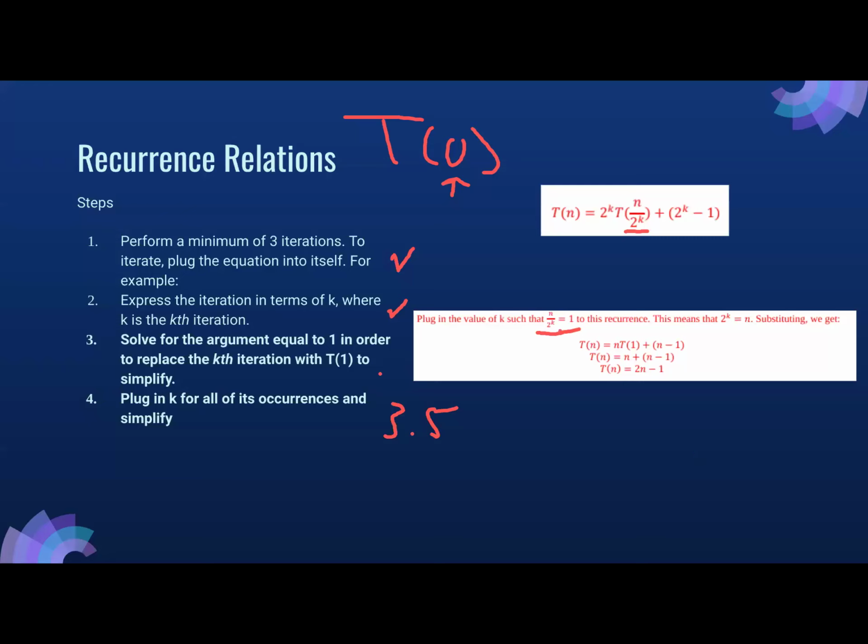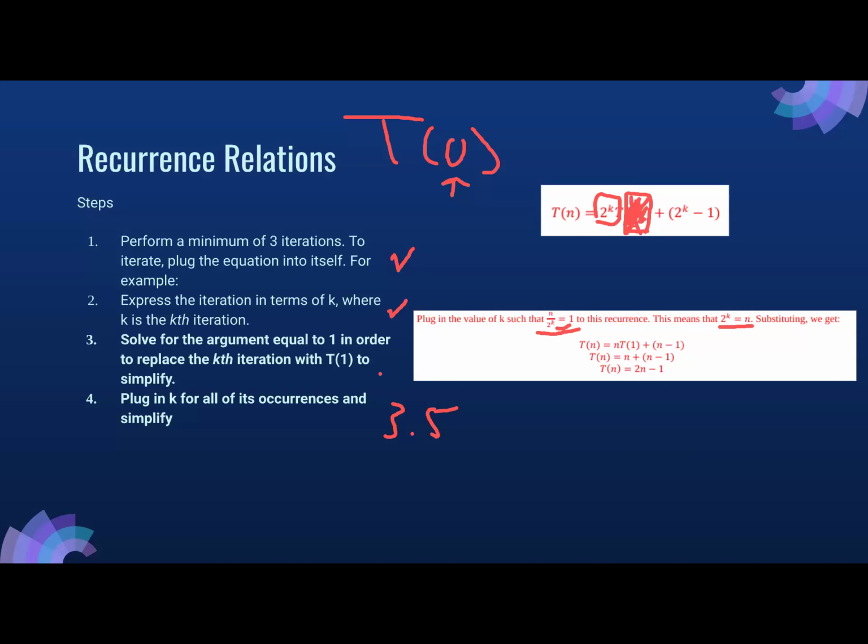So we know that n over 2^k equals 1. We multiply the 2^k over, which gives us 2^k equals n. Substituting that, we get this. So 2^k equals n, right? This is fine and dandy because, look, all the places where k appears is 2^k. We don't care about this k because remember, we're setting this equal to 1.